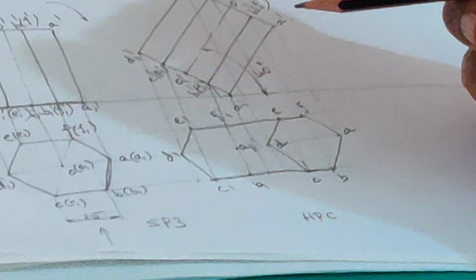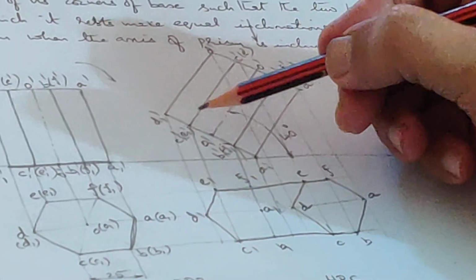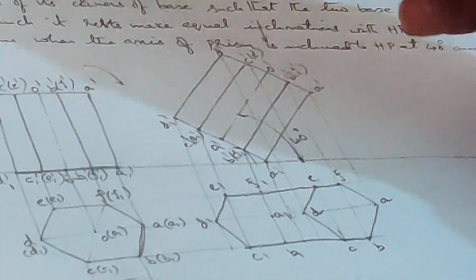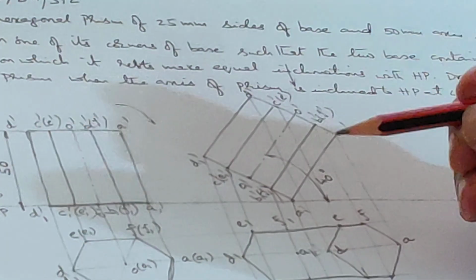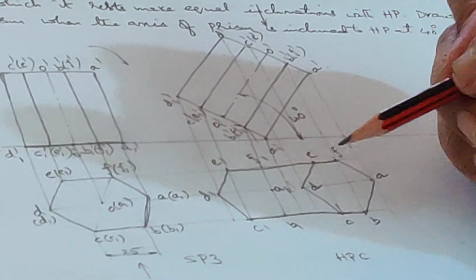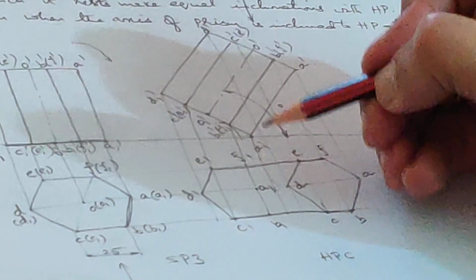So what does the rule of visibility 3 say? For the base which is away from the observer, all the lines are not visible. The lines that coincide with the boundary are visible. Now what are all the edges here?